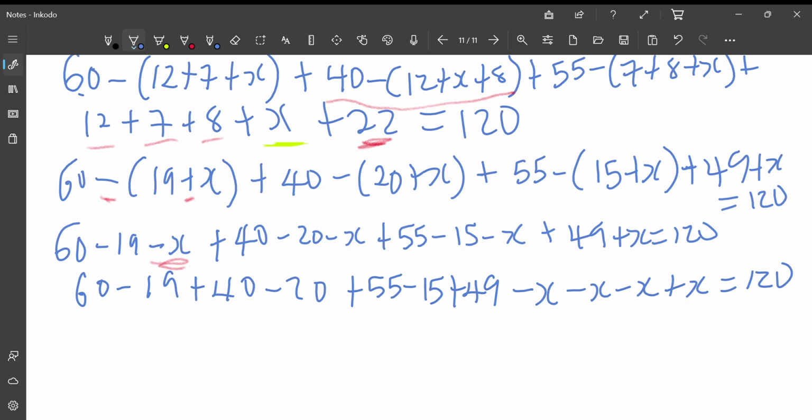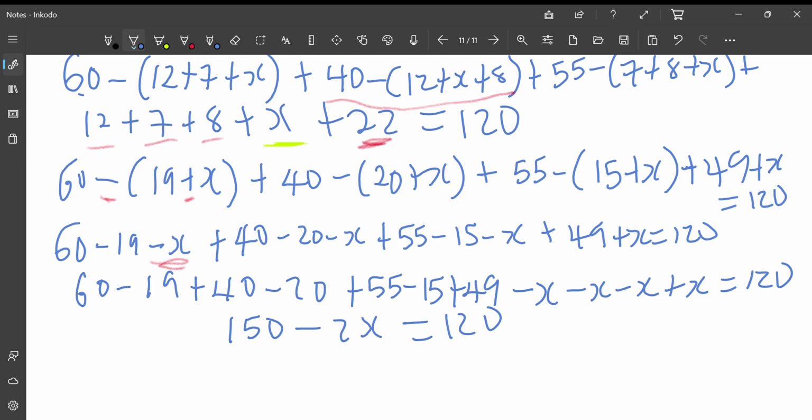I have 60 minus 19 plus 40 minus 20 plus 55 minus 15 plus 49. All right, that gives me 150. Then minus x minus x minus x, that is minus 3x. Minus 3x plus x is minus 2x. All right, that is 150 minus 2x is equal to 120.